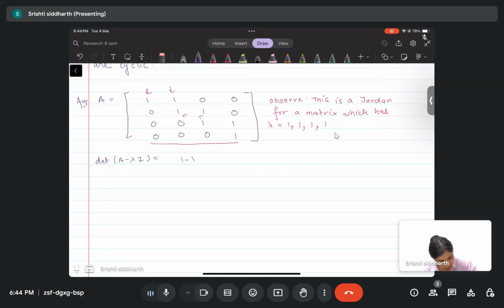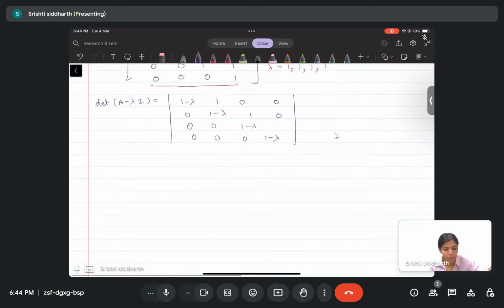We have 1 minus lambda, and this is upper triangular. Okay, so this is 1 minus lambda, and then 1 minus lambda.